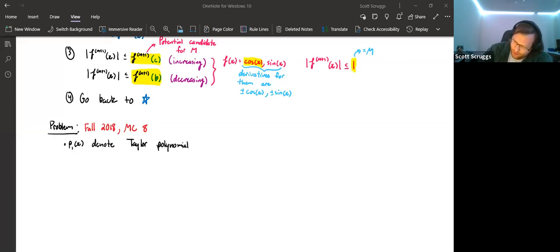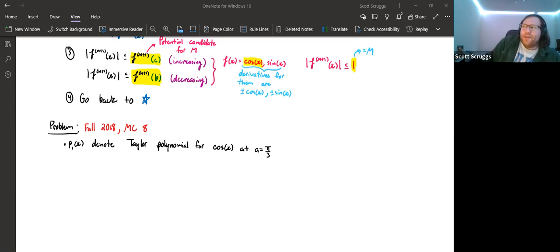For cosine of x, with my center being at pi over 3.